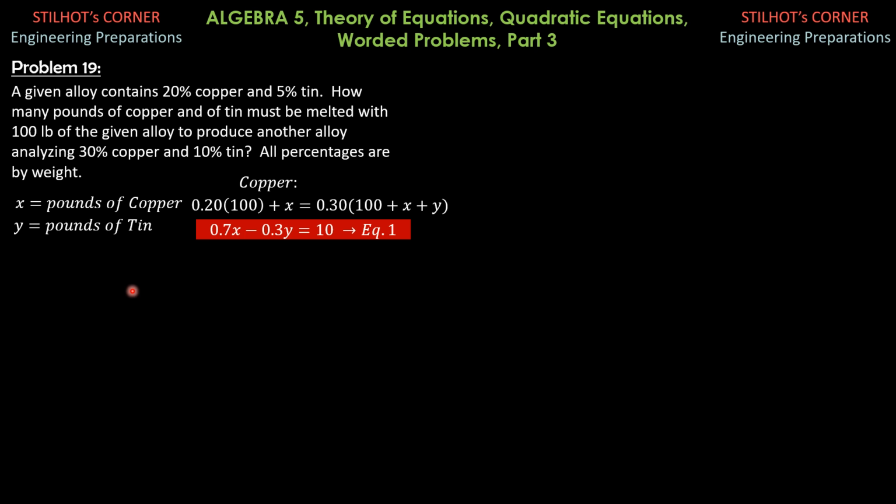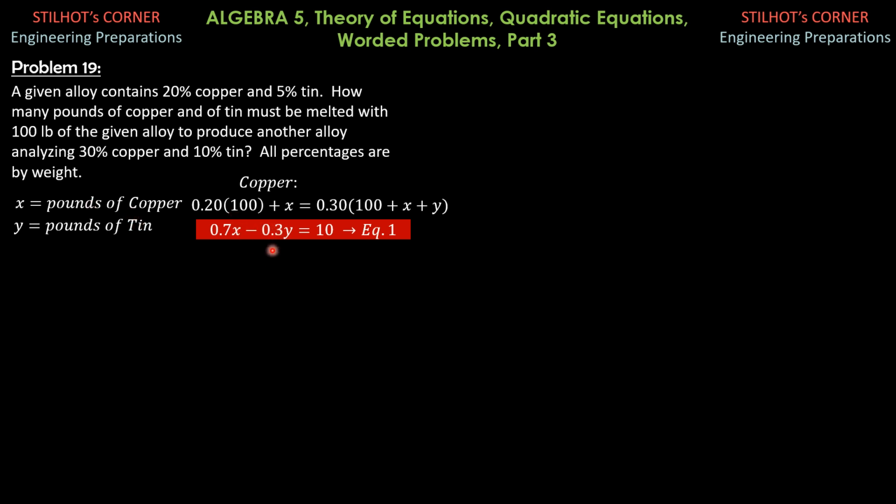Then we proceed to equating the pure amount of tin. So we have in the second part 0.05 of 100 plus y pounds of tin, plus 0% of x because copper has 0% tin.